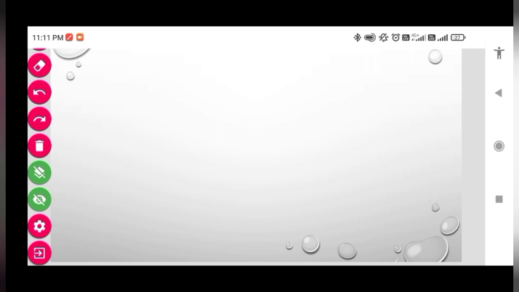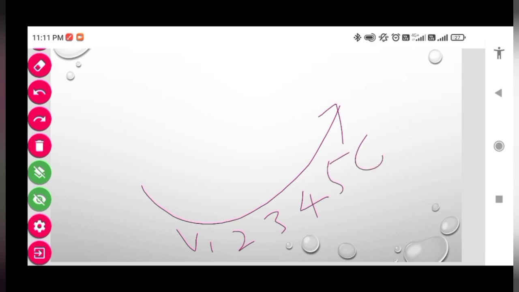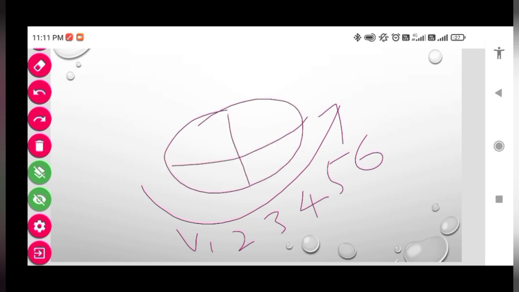precordial leads or chest leads, they are placed as shown. I have already explained that V1, V2, V3, V4, V5 and V6, and if this is the heart, horizontal section, V1 to V4 represent the anterior wall of the heart, right?